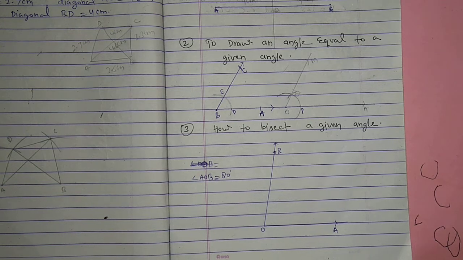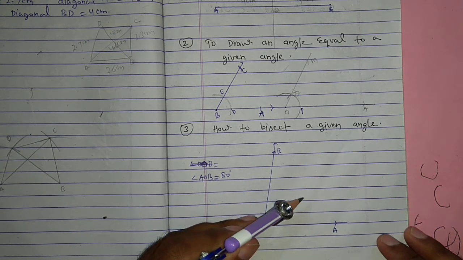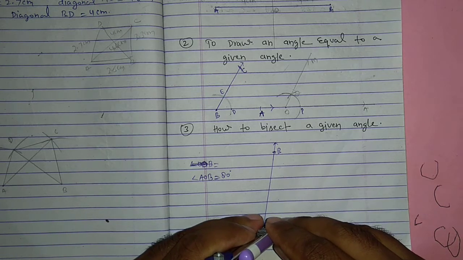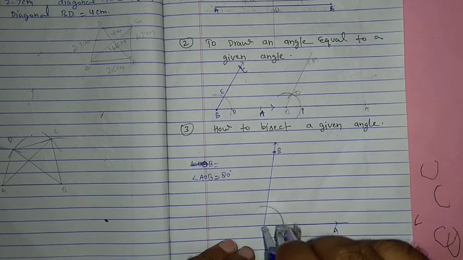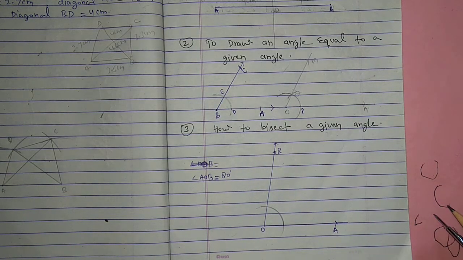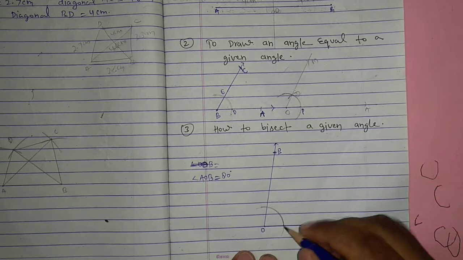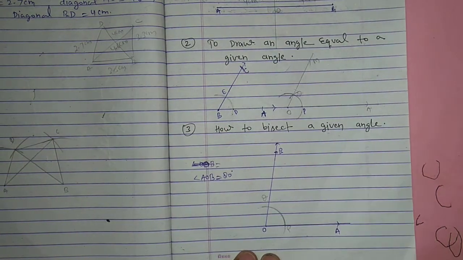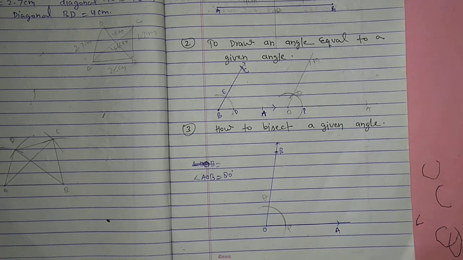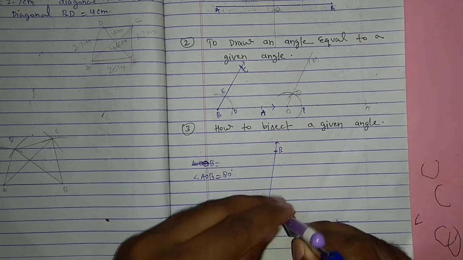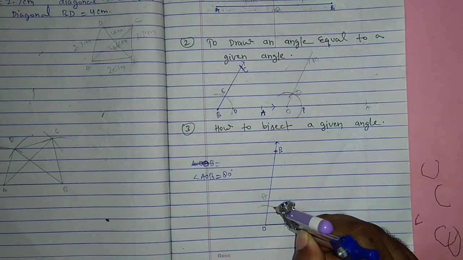We take any convenient radius of an arc from O. I take an arc here and cut it. After that mark the names P and Q. With P as center, take more than half of this radius, not complete, more than half.